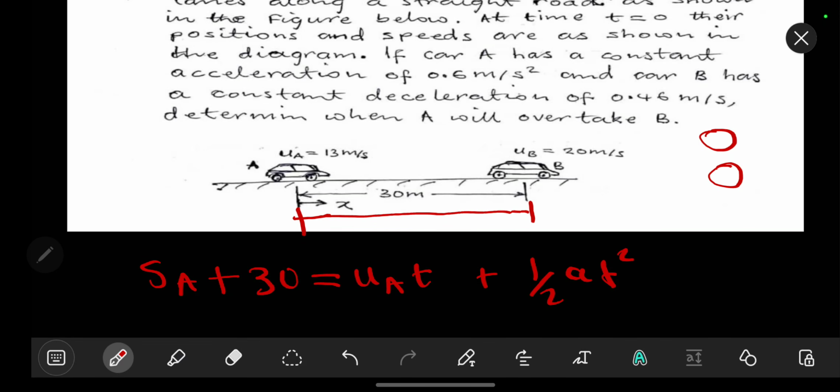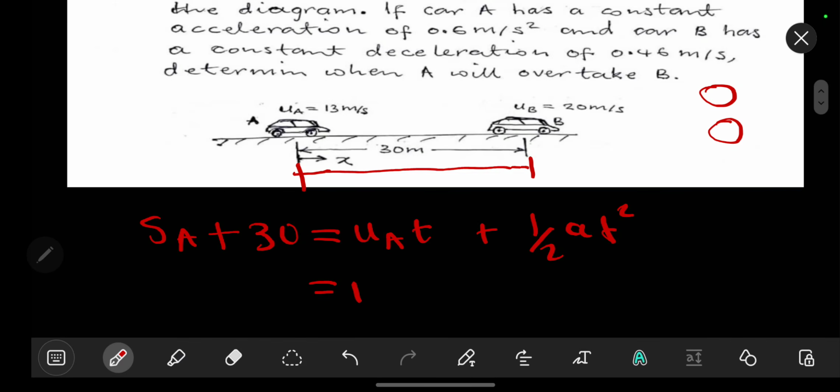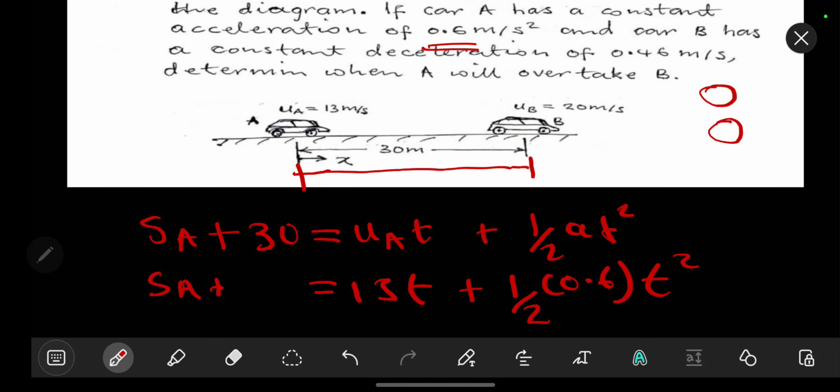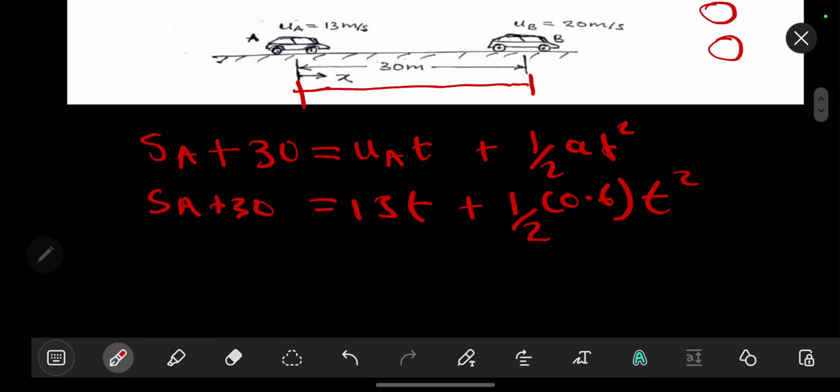So the velocity of car A is 13, so we have 13t plus half. Our acceleration is 0.6, so we are going to put 0.6 times our time squared. We have our SA plus our 30 should be equal to that.